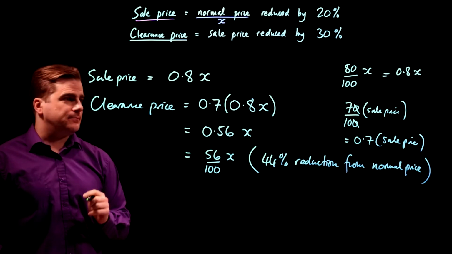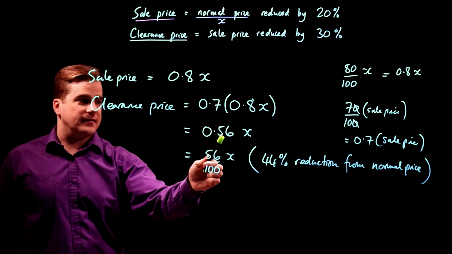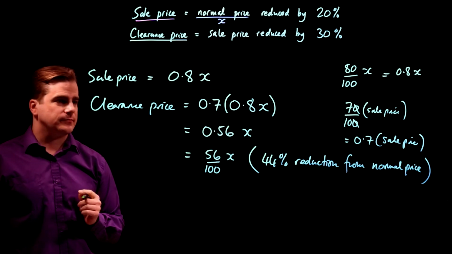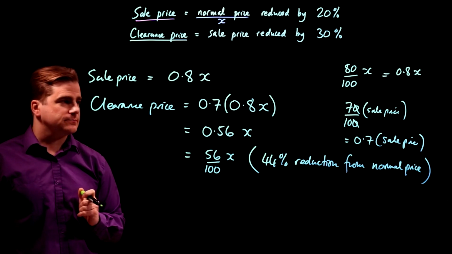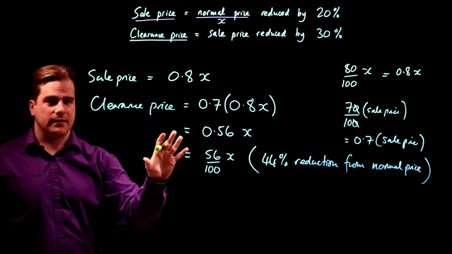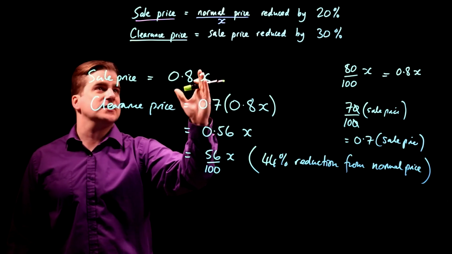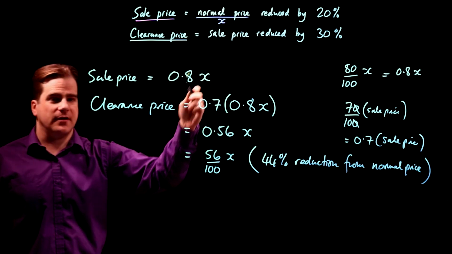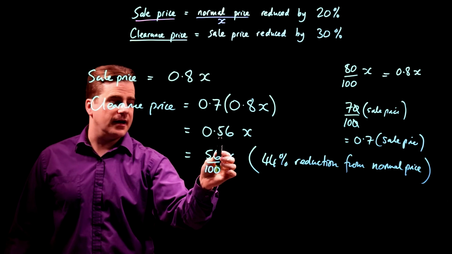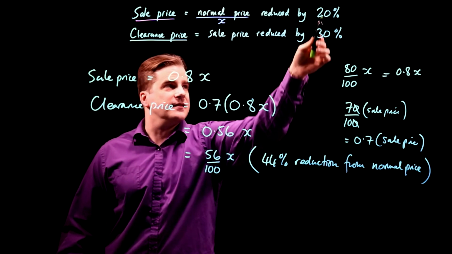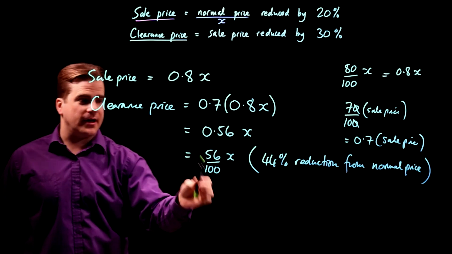And that's why it comes from the 0.7 times 0.8, getting 0.56. Good. So watch out for that. You have to do it sequentially. If you're reducing a price by something and then reducing that again, you have to multiply like this, and you can't just add these. Write it as a decimal, multiply them, and see what you get.